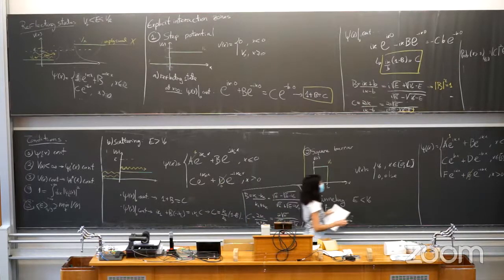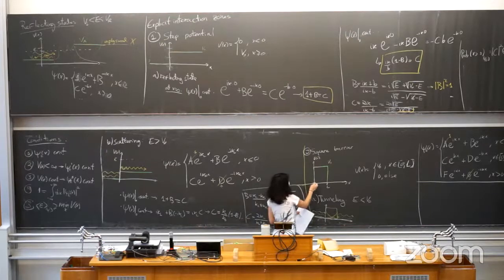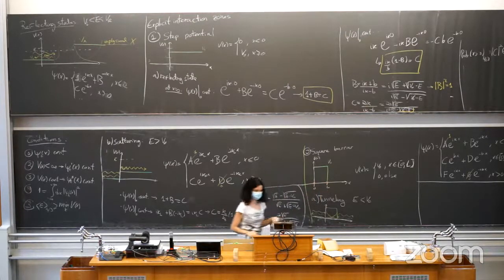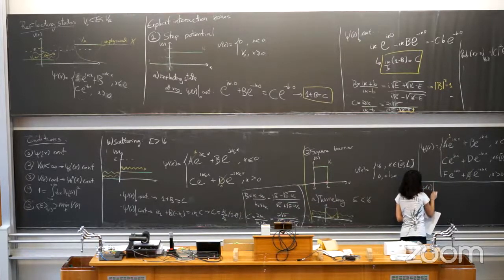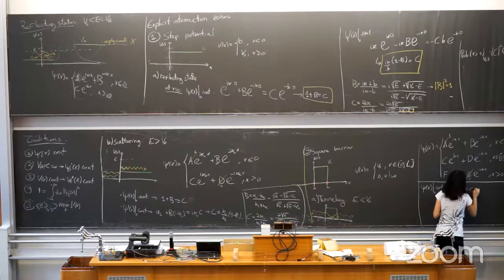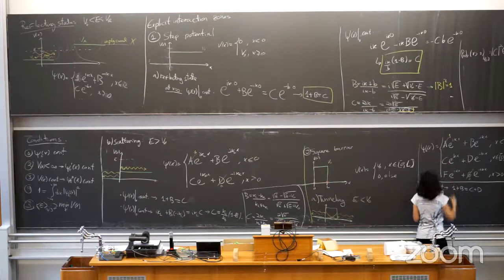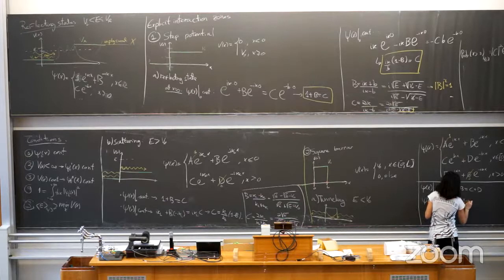We have 2 points where we need to glue things: one at 0 and one at L. At 0, the wave function must be continuous, and this gives us again 1 plus B equals C plus D. The first derivative must be continuous, and this will give us, similar to the previous case, iK(1 minus B) equals B(C minus D).